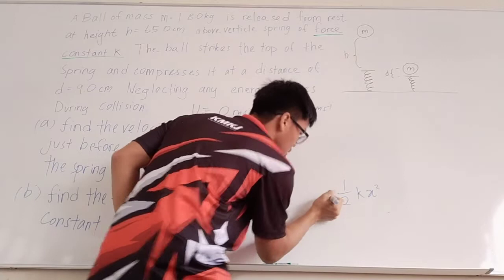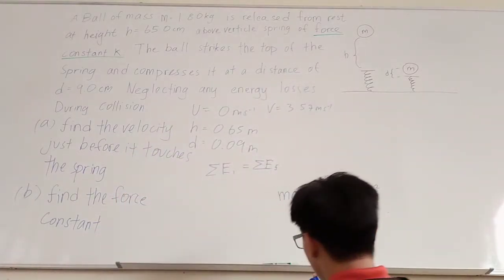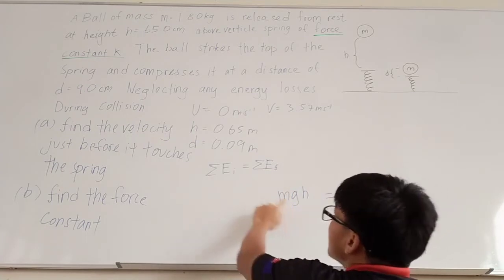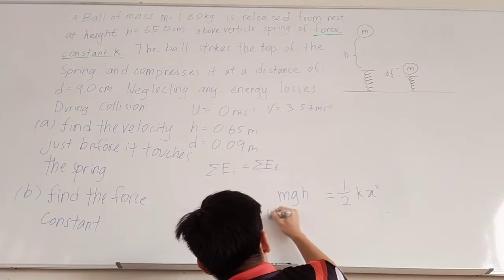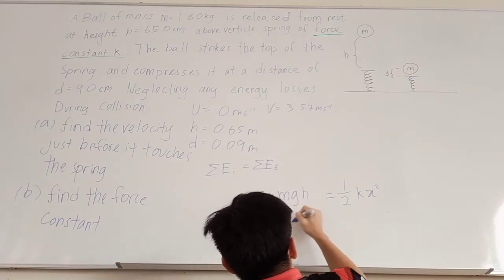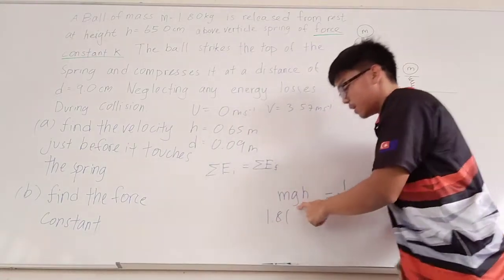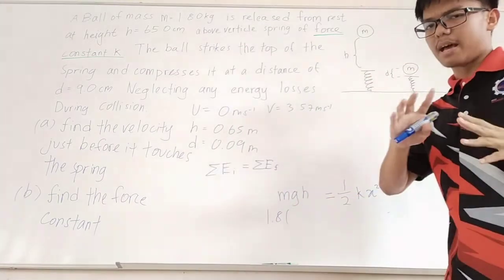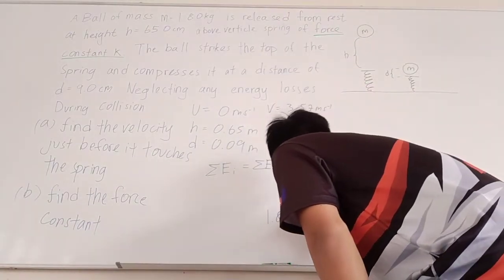equal to mgh. The mass is 1.8 kilogram. The gravitational acceleration, g, is going to be positive. There is no direction for g, so it's just going to be normal like this.